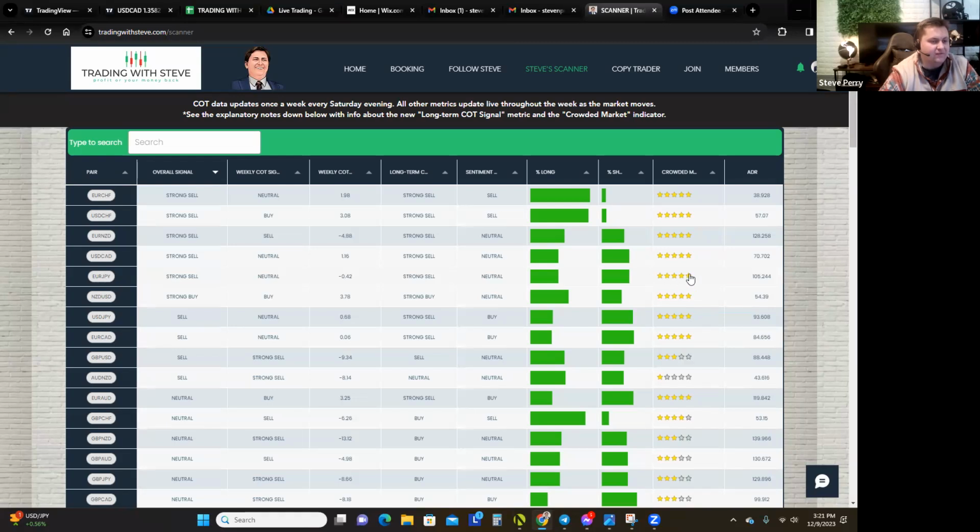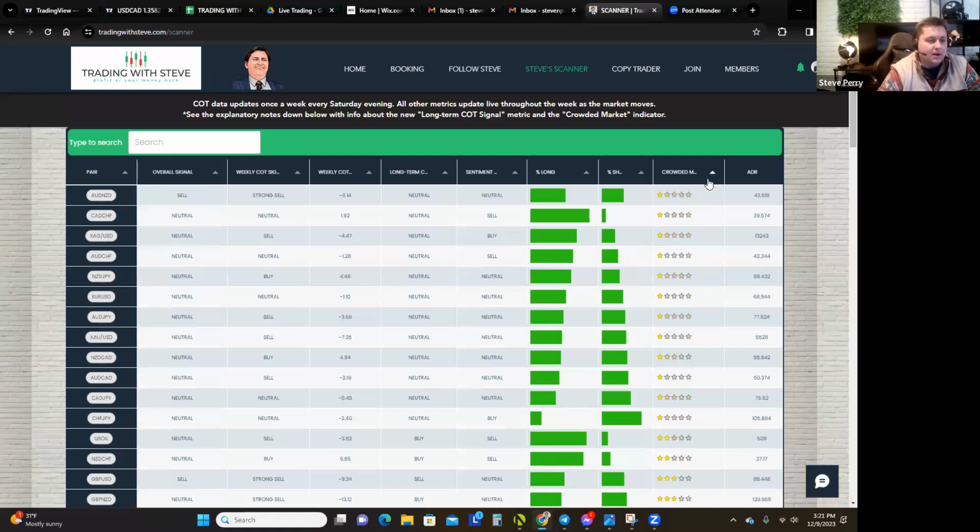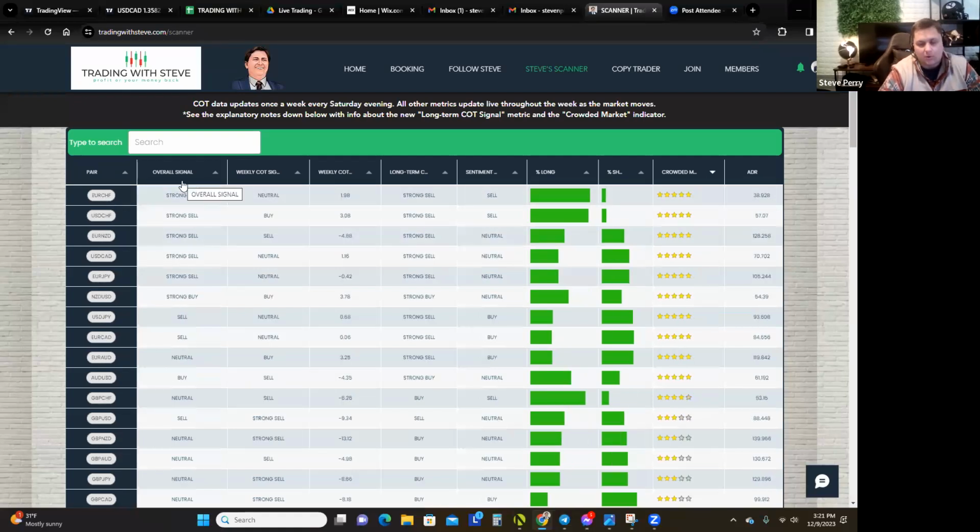And so when you can get 5 out of 5 stars and you can get an overall strong sell or strong buy, then there's a good chance that maybe for that week you'll get a move in that direction. Again, the overall signal is already programmed to let you know when that's about to happen. So there's not a lot of work you have to do.